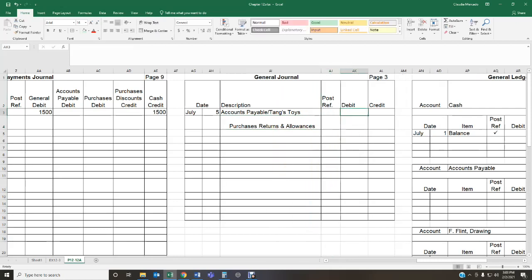The amount for the return was $500. So my accounts payable is going to get debited $500. My purchases, returns, and allowances is going to get credited $500. And I'm going to put a small description here: returned merchandise. So that happened on July the 5th, and I'm putting it in my general journal because this transaction, which is a return, does not apply to the other 2 journals that we're using.